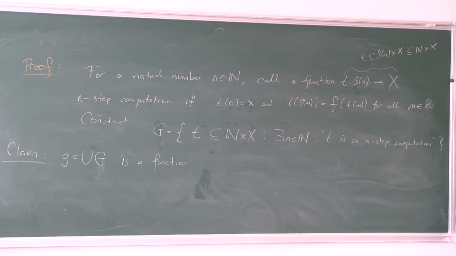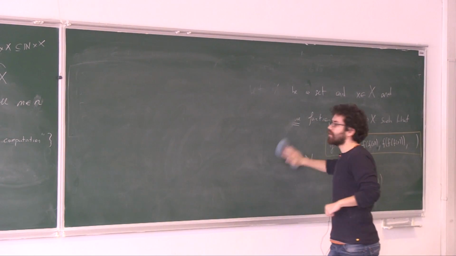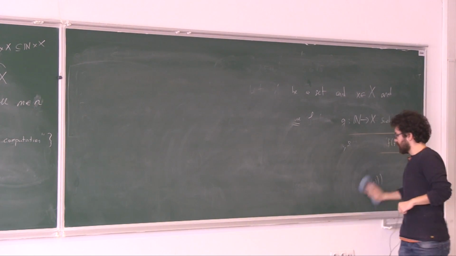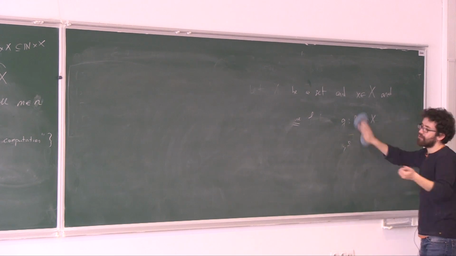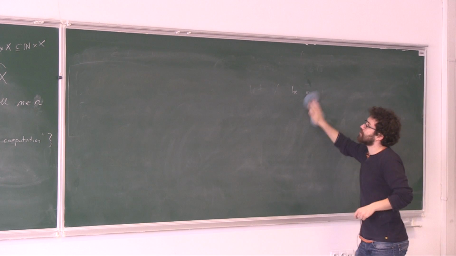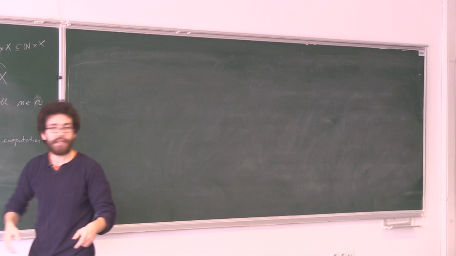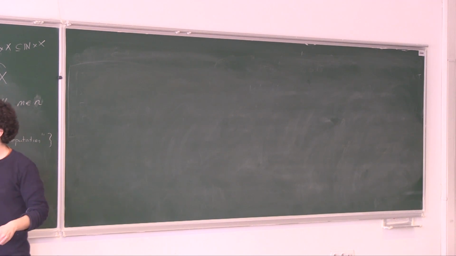I don't want to erase the statement, but I don't want to jump to that part, so I'm going to erase the statement. You may remember when we introduced functions for the first time, we talked about compatible functions, when two functions are compatible: if they take the same values for points in the intersection of their domains. Then there was an exercise, which I believe was here.